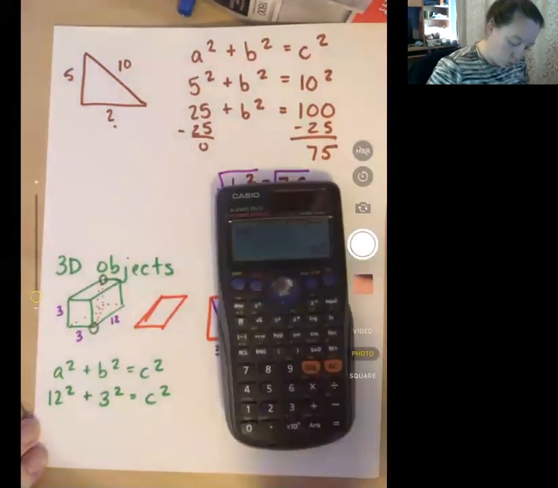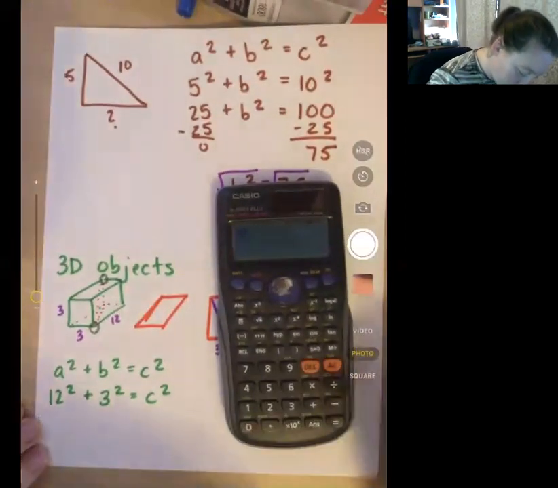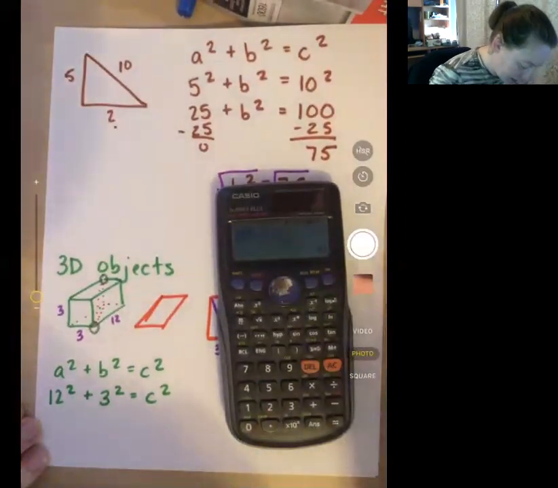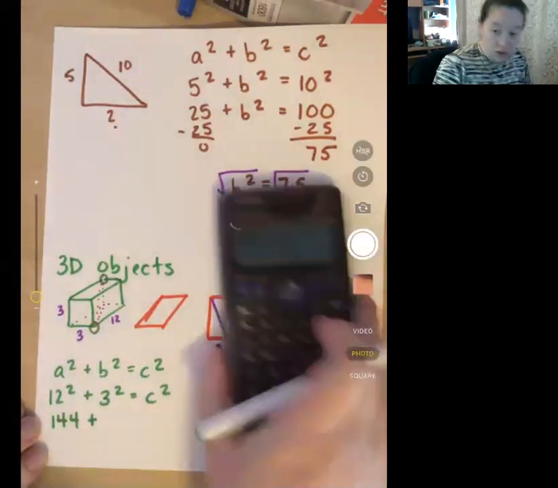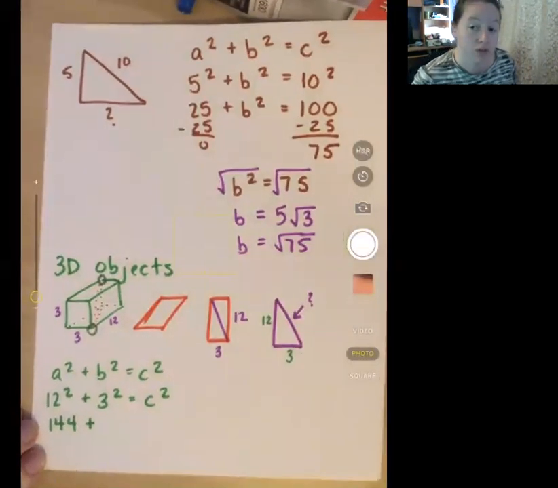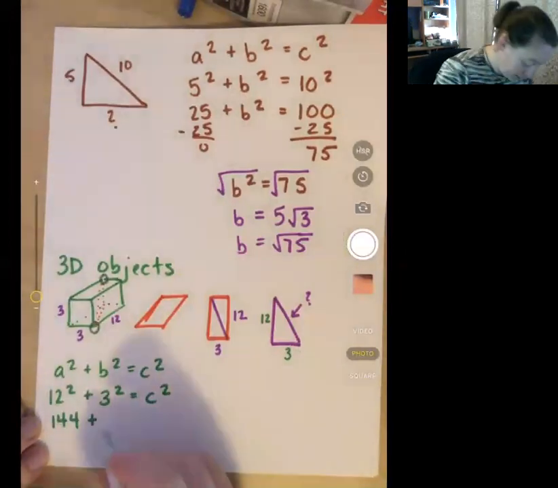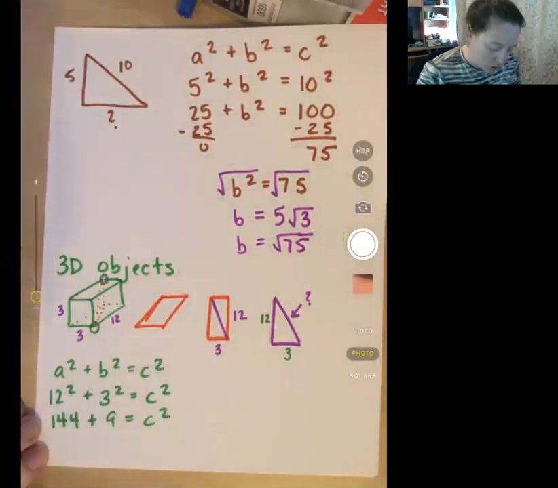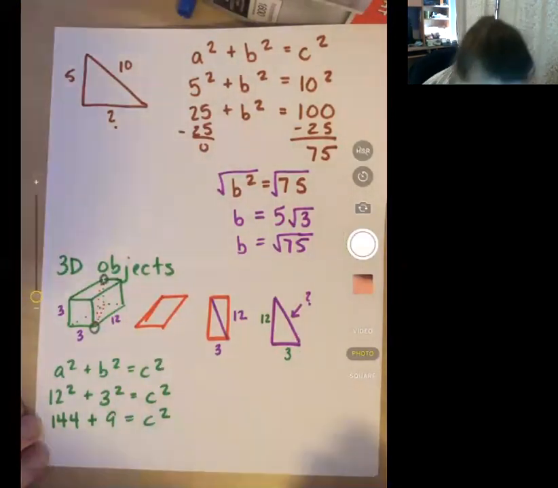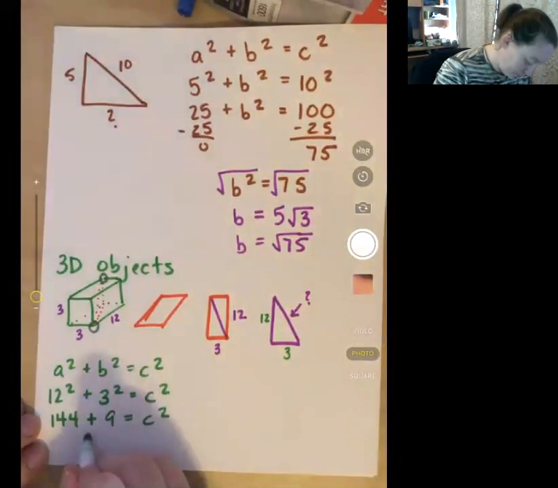Now I can do 12 squared. 12 squared is 144, plus 3 squared, which is 3 times 3, 9, is equal to c squared. So 144 plus 9 is 153, right?